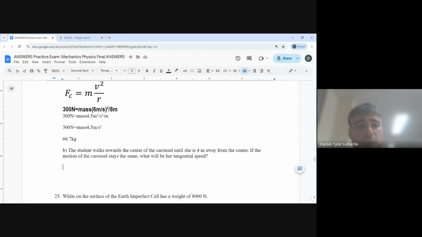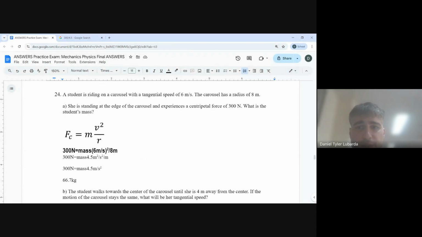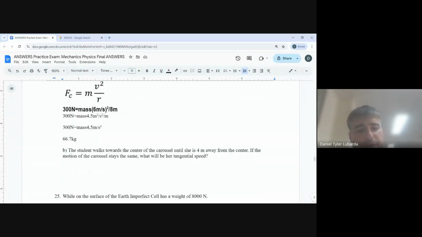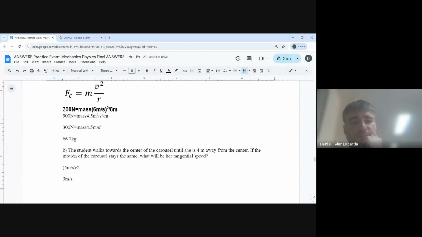Okay. And what was her speed before? 6 meters per second. So now she's going to have a speed of 3 meters per second. 6 meters per second divided by 2, because the distance she travels in one revolution is halved. So we get 3 meters per second.